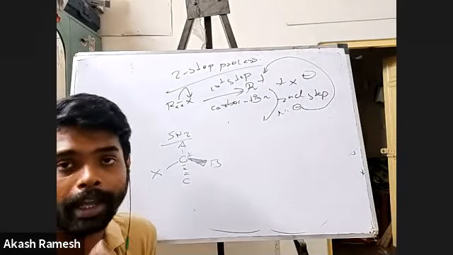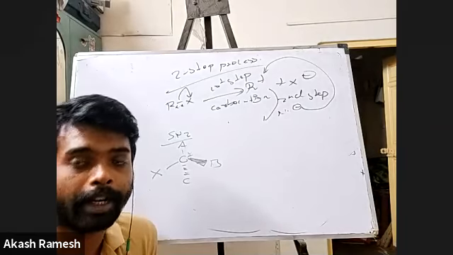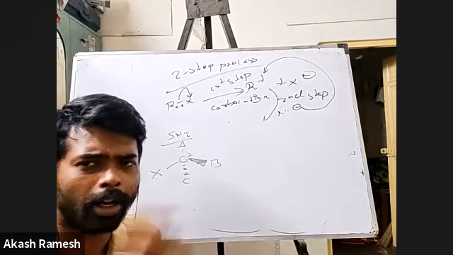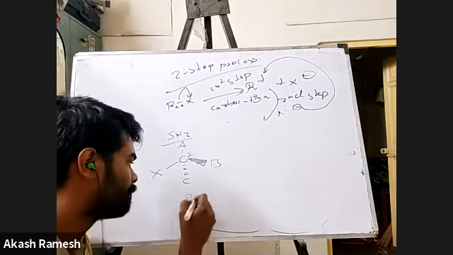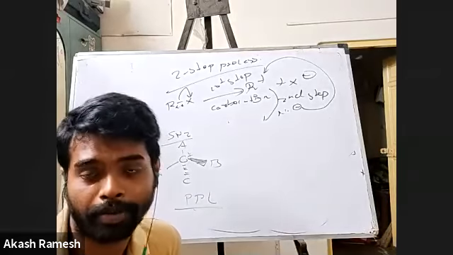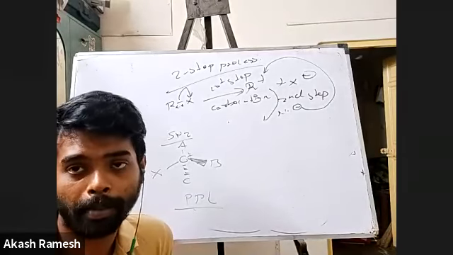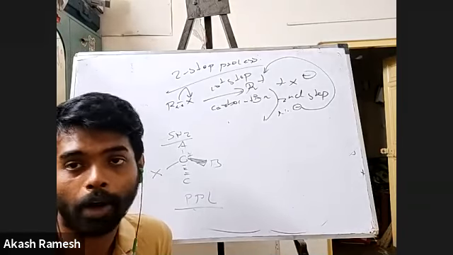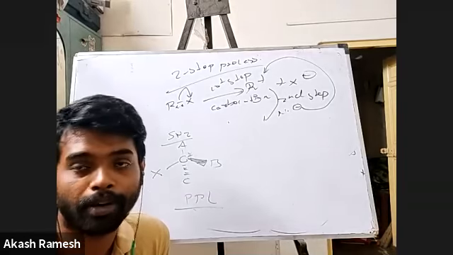And we know any chiral center rotates plane polarized light. Now, what do you mean by PPL? PPL is plane polarized light. So it is different from normal light. Now, how is it different? Anybody want to tell how normal light is different from plane polarized light?